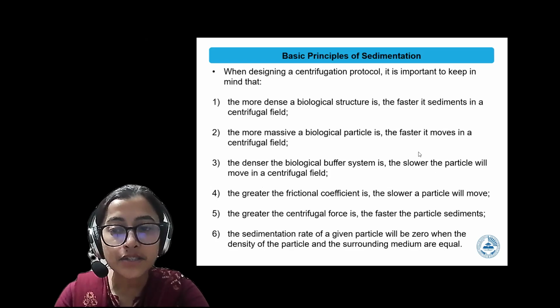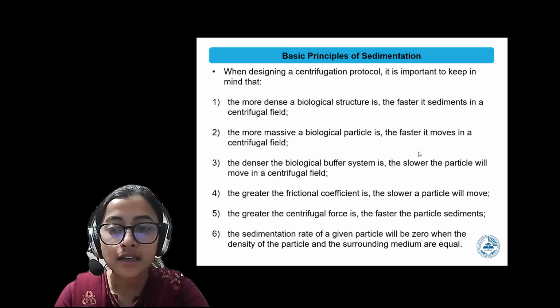Now, let us understand the basic principles of sedimentation, which forms the foundation of centrifugation. When particles are subjected to centrifugal force, their rate of sedimentation depends on several factors. First, density. Denser particles sediment faster.